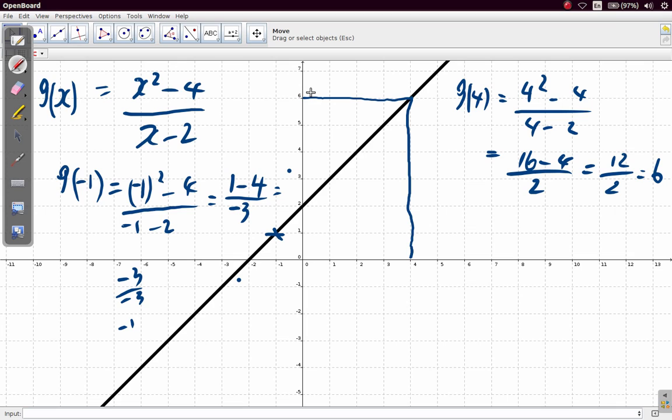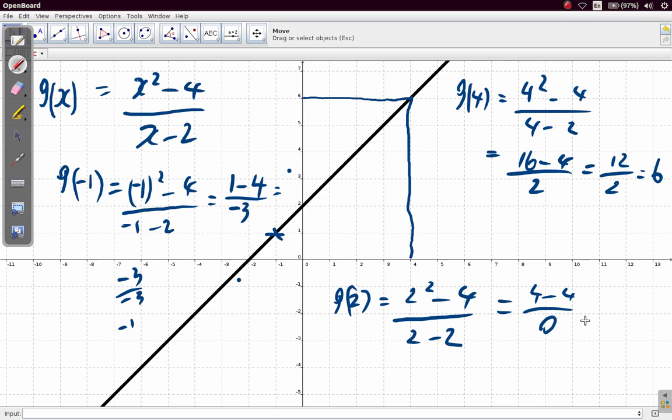Let us try g of 2 and see what happens. When x is 2, we have g of 2, and g of 2 is 2 squared minus 4 divided by 2 minus 2. 2 squared is 4. 4 minus 4 divided by 2 minus 2, but hold on, 2 minus 2 is 0. What we have here is 0 divided by 0, which is undefined, and it is discontinuous.